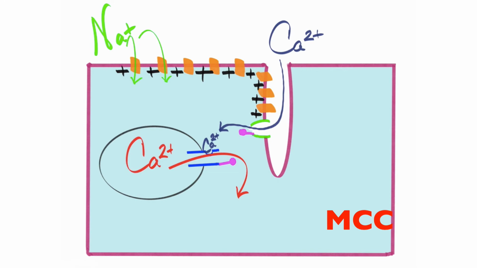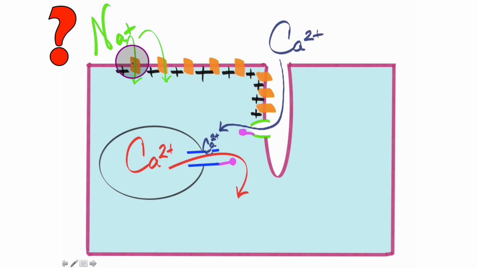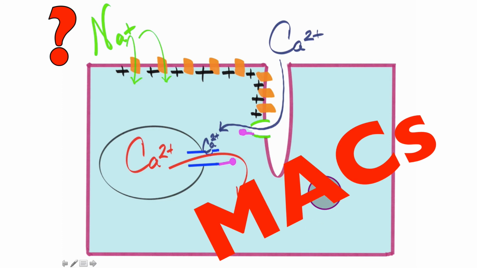So one thing I left out is what causes the initial opening of these voltage-sensitive sodium channels. That is the big question, and we'll talk about that in another video. But a quick trailer to that, I will just say MACs, myocardial autorhythmic cells.